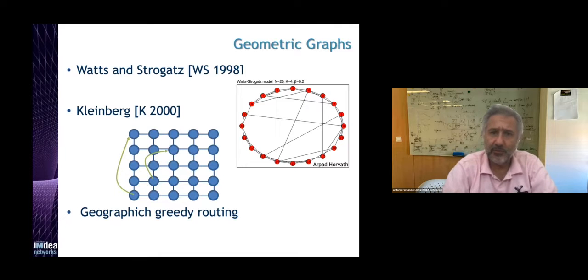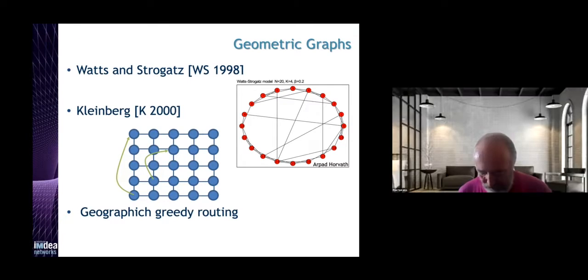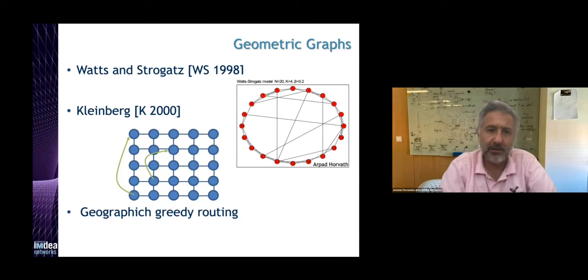And in 2000, Jon Kleinberg showed that taking a torus as a base underlying graph, in which all the links in the torus are present, and adding a constant number, as low as 1, of long links chosen with a probability that is inversely proportional to the square of the distance.